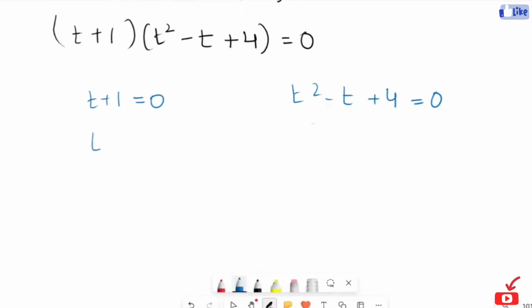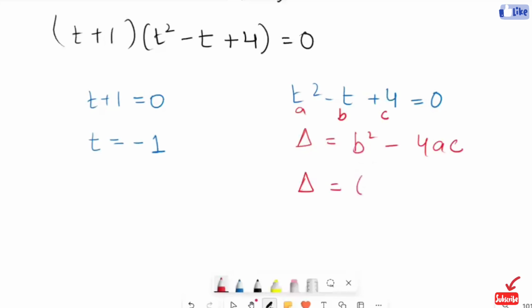And here I'm going to find out the discriminant. So the formula for the discriminant we have, where this is a, this is b and this is c. Now we're going to plug in: b is −1, so (−1)² − 4, and a is 1 and c is positive 4.